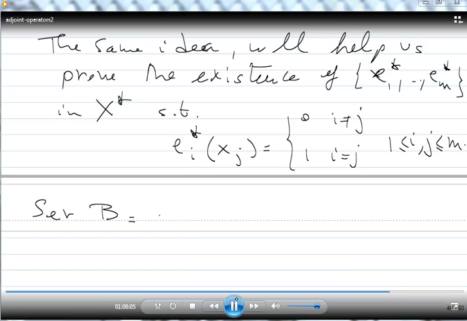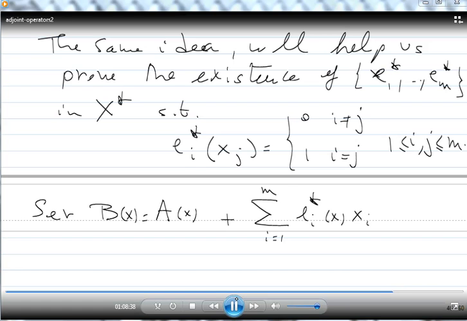Set B to be: B of x equals A of x plus the sum of ei star of x times xi, from 1 to n. And of course, I'm going to be assuming that m is less than n.